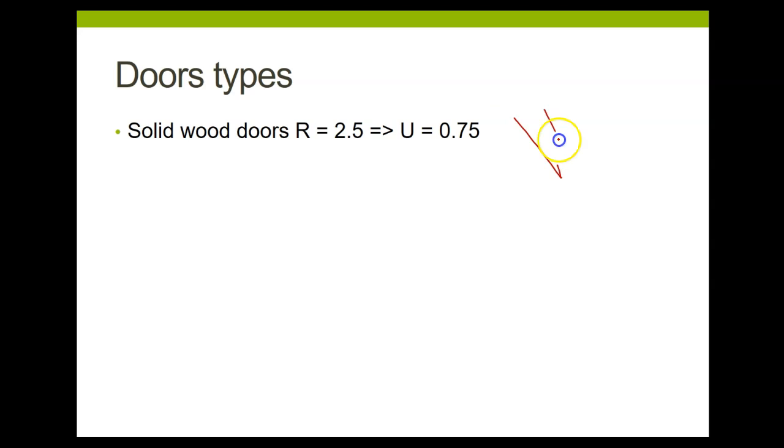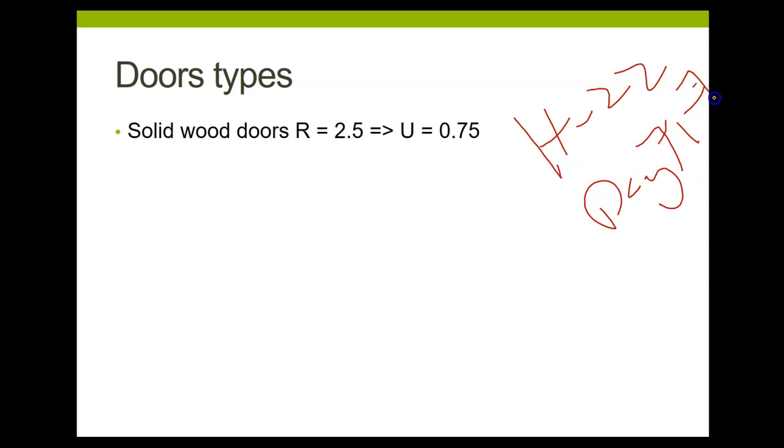For doors, let's look at doors. What do we have? Solid door resistance. If you look at the book, there are various types of doors, probably around page 71 to 75. Between pages 71 and 75, you will find a lot of types of doors, and they'll give you the U factors and the R values.